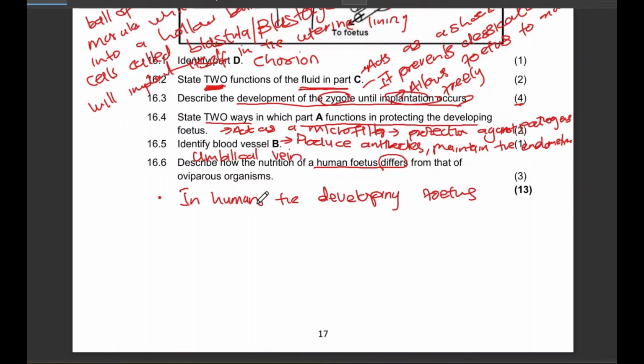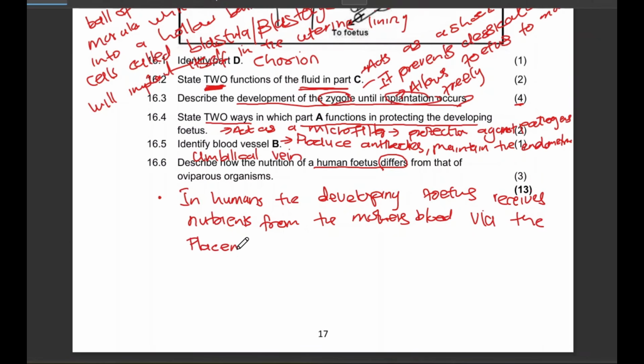So in humans, the developing fetus receives nutrients from the mother's blood. You could have said from the mother's blood, via or through the placenta. Or you could have said through the umbilical vein.